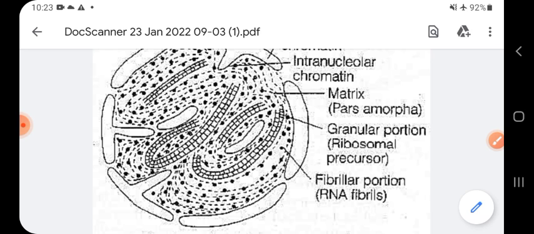The ribosomal subunit is made up of rRNA and proteins, like the 18S rRNA, 5.8S rRNA, and 28S rRNA, all transcribed as parts of a much longer precursor molecule, which undergoes processing here within this nucleolus.